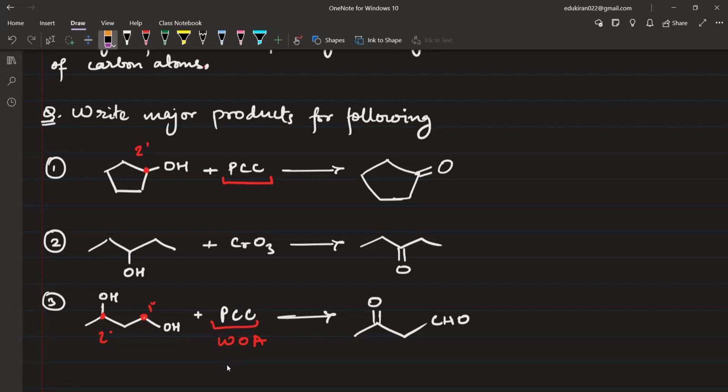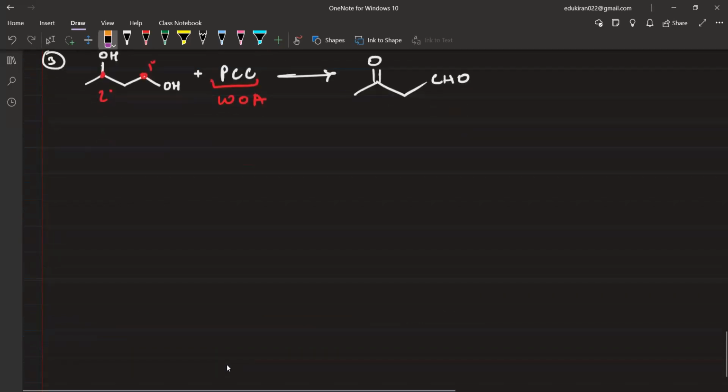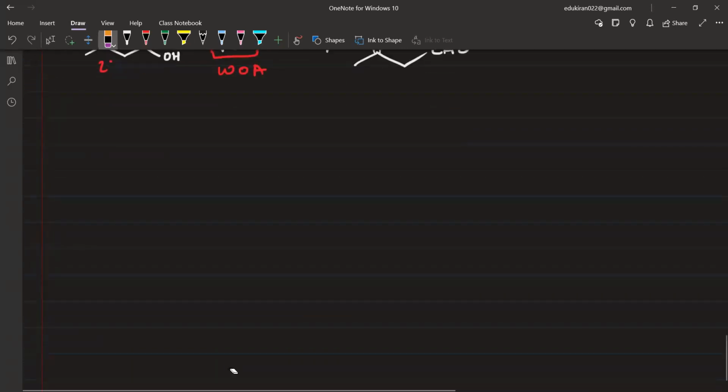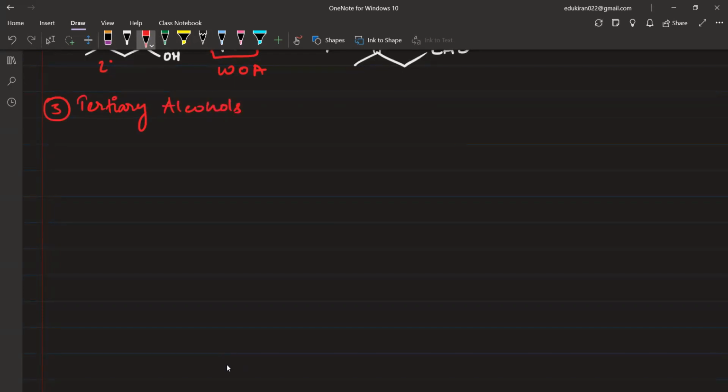Right, next. Third case for tertiary alcohol. If I look at the structure of tertiary alcohol, we will have a carbon atom bonded with OH, and 3 other bonds with alkyl groups.